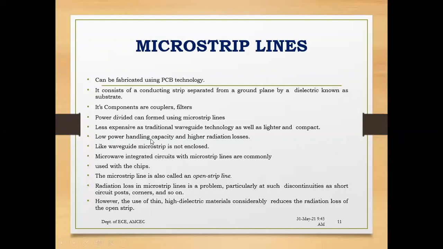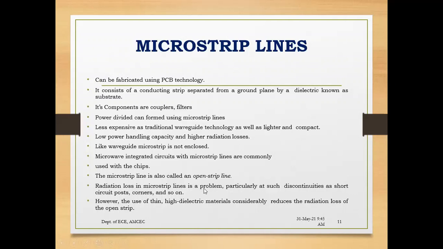The power handling capability is less in the case of microstrip line, and the radiation losses are high. Unlike a waveguide, microstrip is not enclosed. We have seen it is an open structure. Microwave integrated circuits with microstrip lines are commonly used with chips, and these are also called open strip lines.